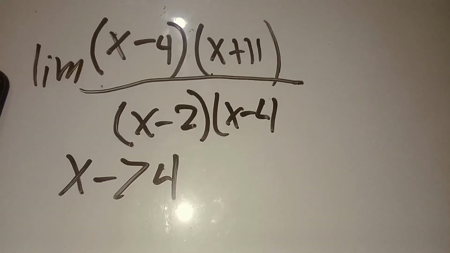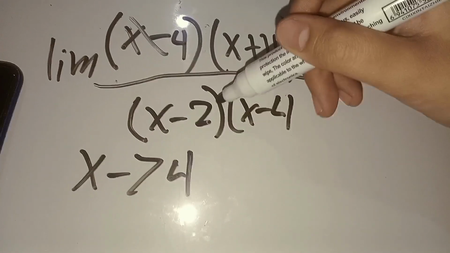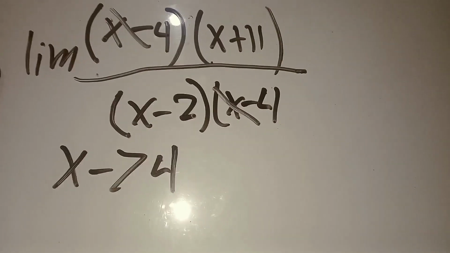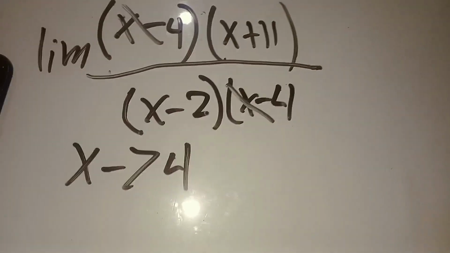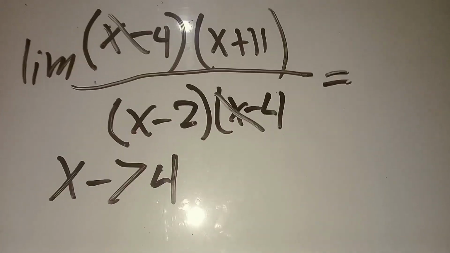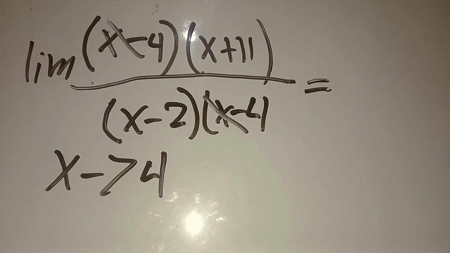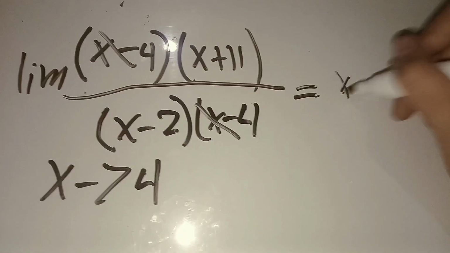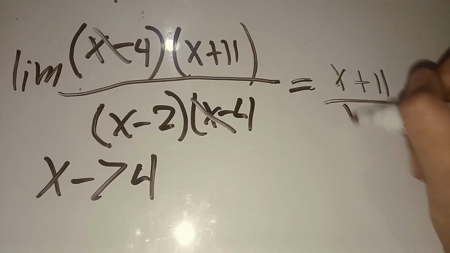So we're going to cancel it. So cancel and cancel. After we cancel this factor, natira na lang ay yung x plus 11 over x minus 2.